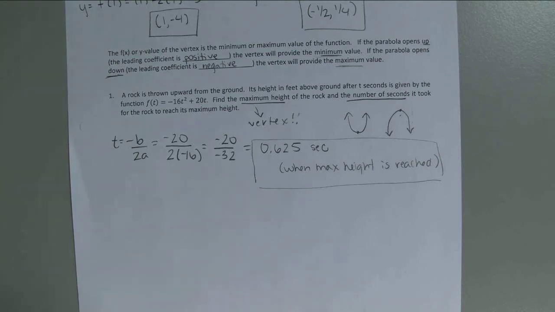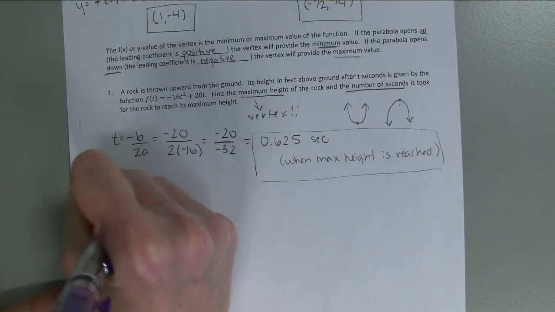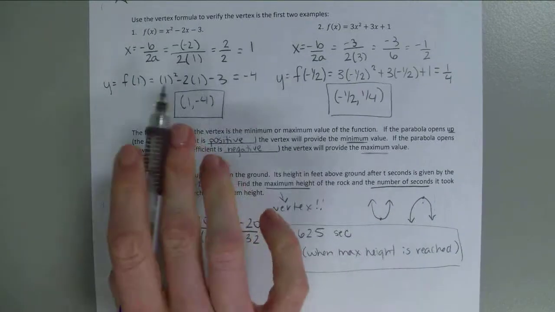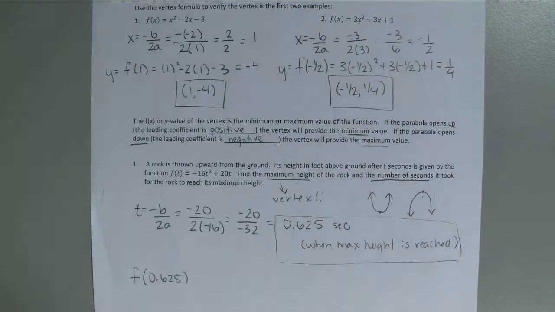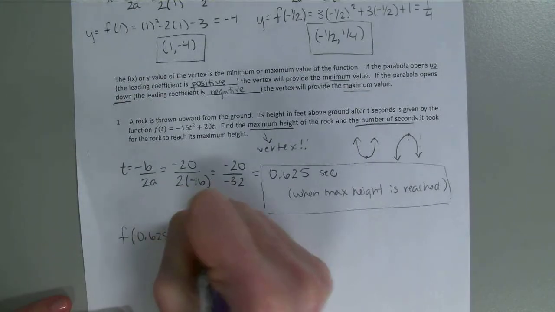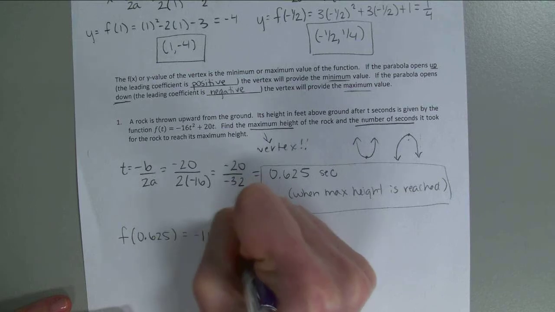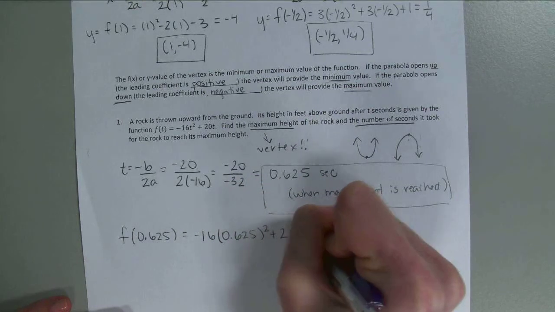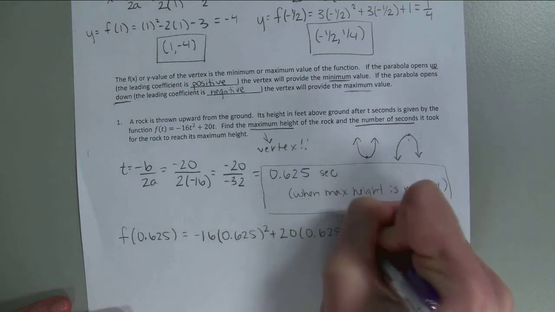What is the maximum height? That's your y value. So we have to find f of 0.625. So kind of like what we did up here with 1 and 2, where we found our x value first, but then we just plugged it back into our function. So this is just negative 16 times 0.625 squared, plus 20 times 0.625. And I make fun of this problem, and you'll see why in a second.